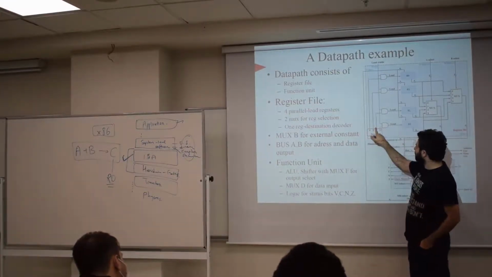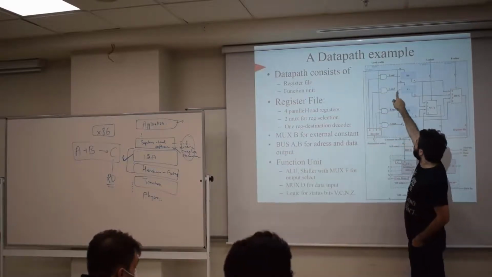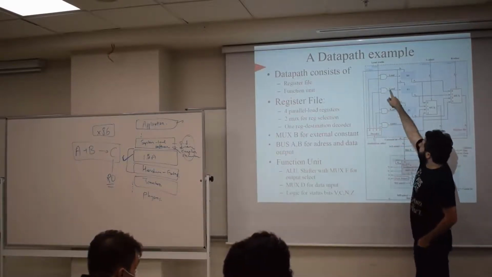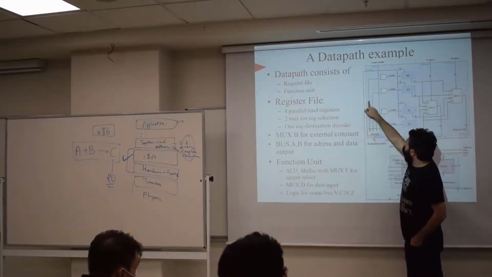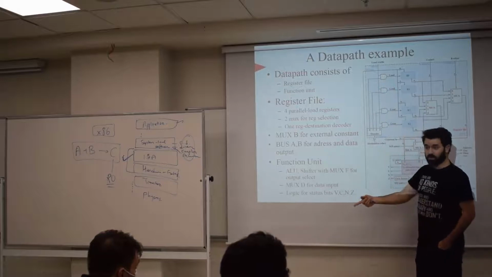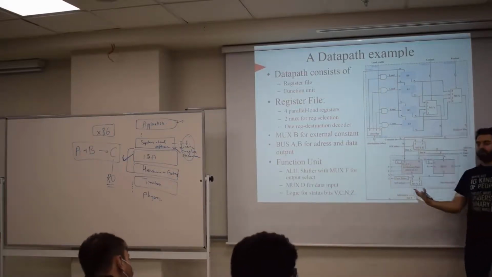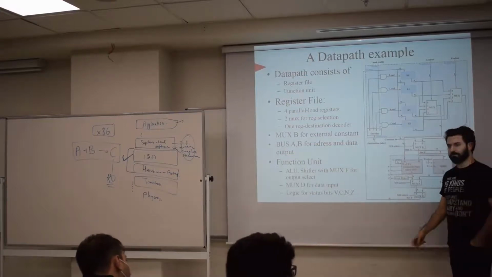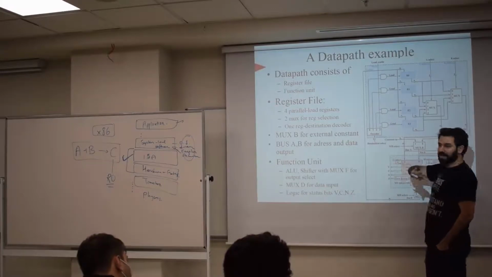The rest of them are 0, 0, 0, right? So all those AND gates will pass 0, except the top one, because the top one will receive a 1 here, and the load enable is also 1. That means this load is 1, therefore R0 will be enabled for write. The rest of them are not enabled for write.